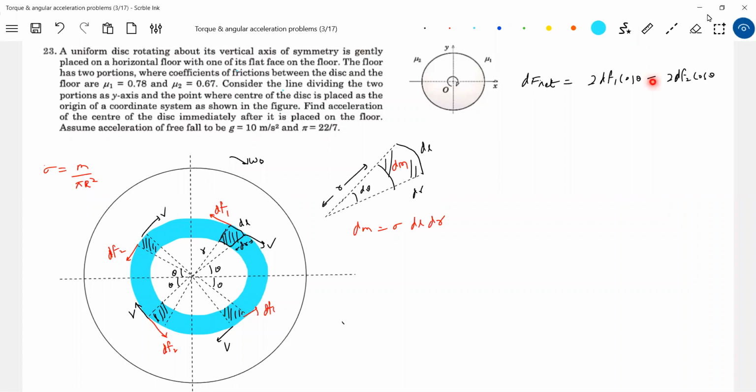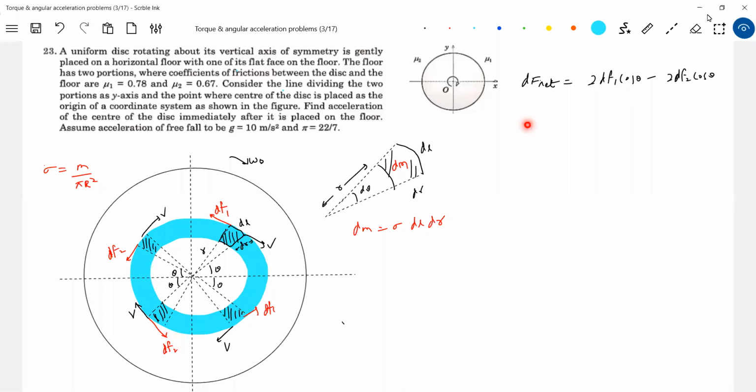Sir, why are you writing a negative sign? The vertical component df1 cos theta will be along the positive axis, and df2 cos theta will be along the negative axis. The difference will come. Horizontal components will get cancelled out.